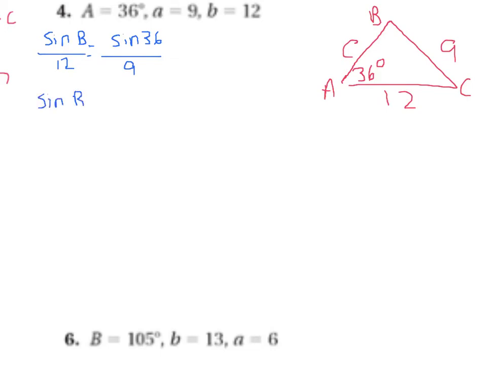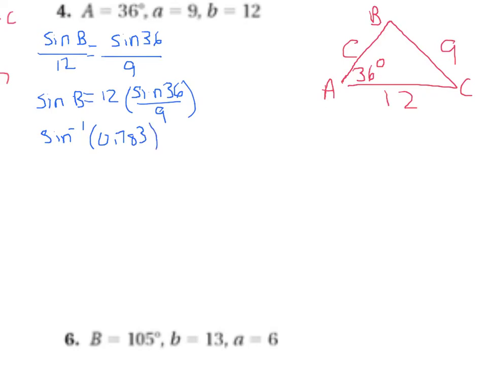So you get the sine of B equals 12 times the sine of 36 divided by 9, and then you have to do the inverse of that. So remember, you're trying to do the inverse sine of 0.783, but remember to do it of your whole answer. So you should get the measure of angle B is equal to 51.60.